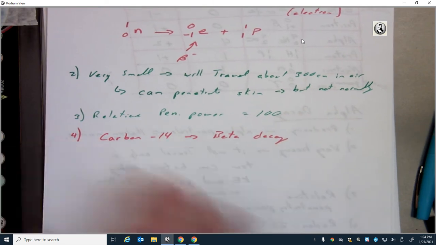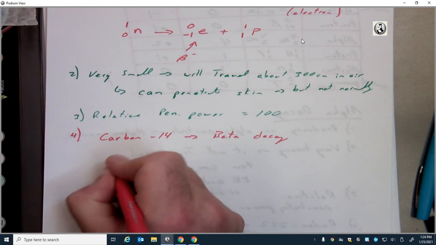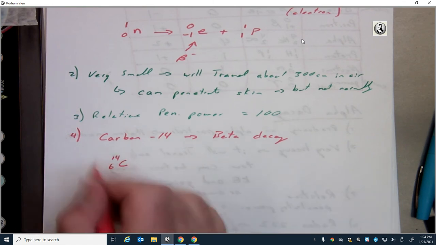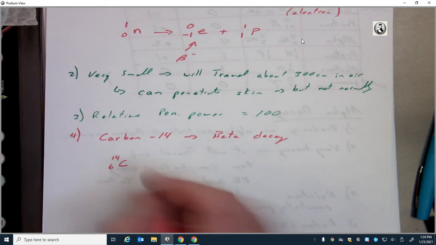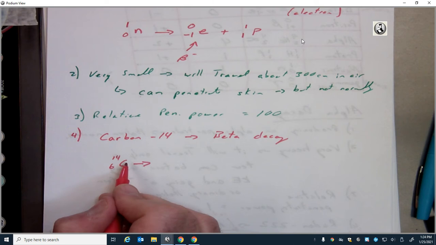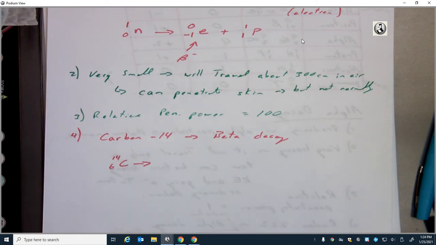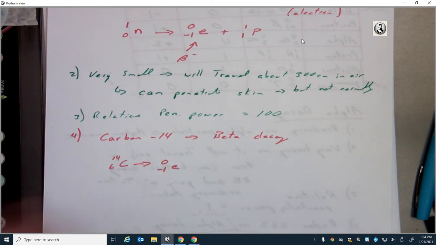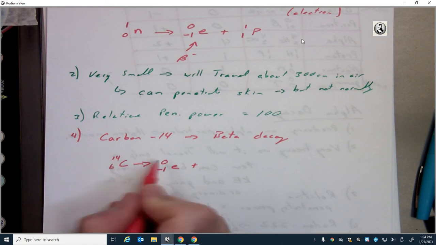So we can actually write this equation. So carbon-14, which is the parent material, is going to go through radioactive decay, and it's going to give off a type of radiation. As soon as we know it's beta, we write the beta particle, 0, negative 1, e. And then we can figure out what the daughter material is by subtracting.